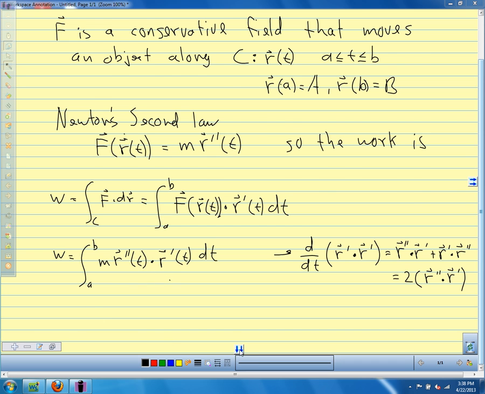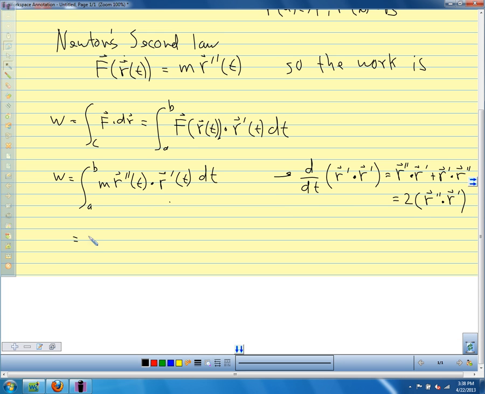So our work is equivalent to m over 2 times the integral from a to b of d/dt of r prime dot r prime. I'm just substituting this quantity in for r double prime dot r prime.